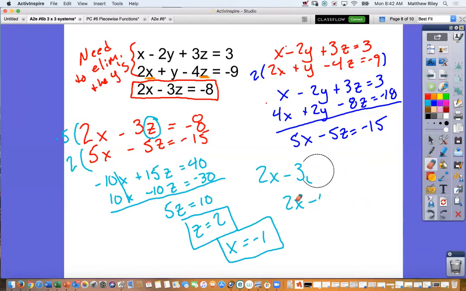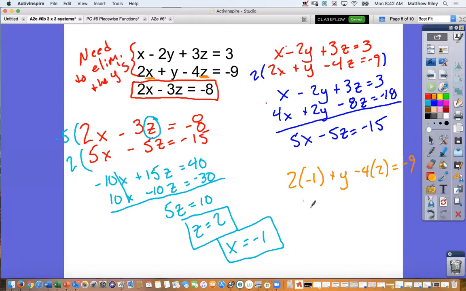So 2x plus y minus 4z equals -9. -2 plus -8 is -10. Add 10, and y equals 1.